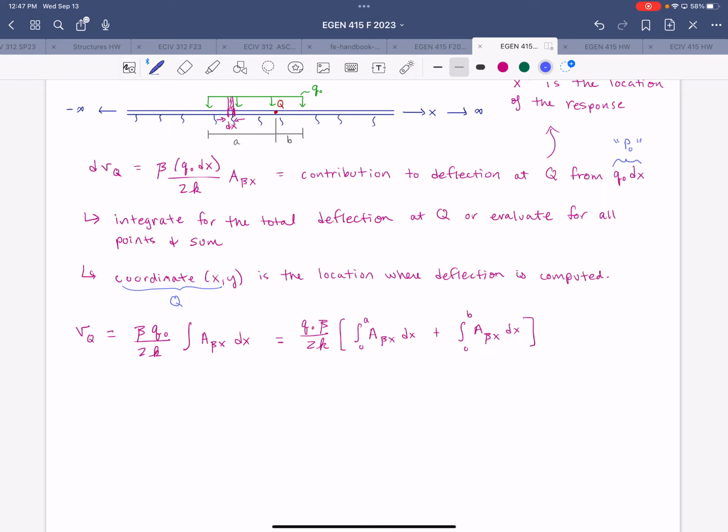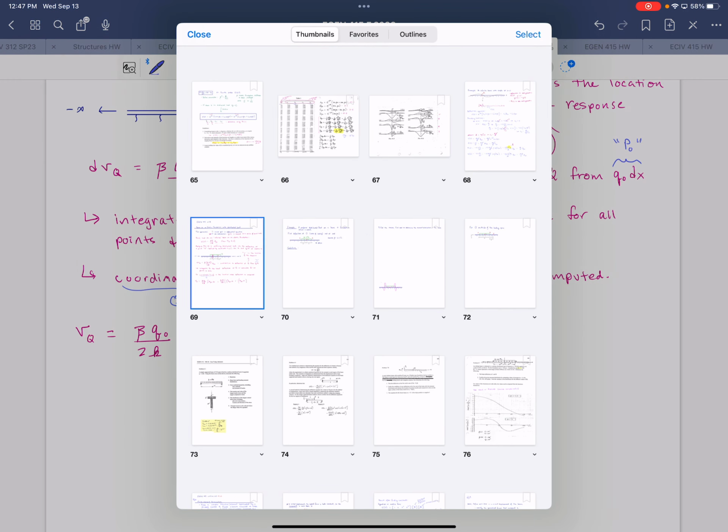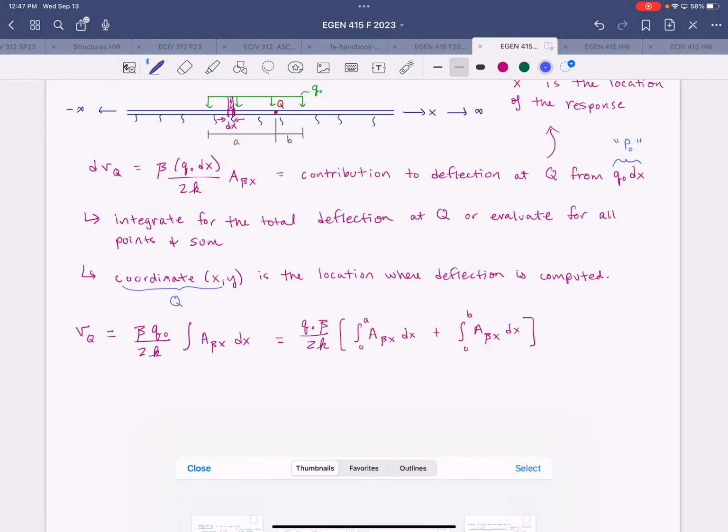And then if we go back to that integral table, and I won't switch the pages since you're still copying stuff down, that integral table will tell us that the integral of A beta x is equal to negative 1 over beta times D beta x.